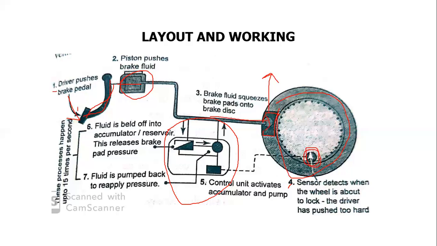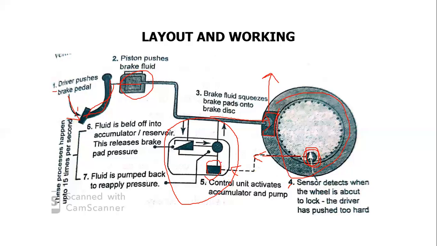From that instant, a signal is sensed by the sensor and sent to the control unit, and this is the control unit. The signal sensed by the sensor is sent to the ECU via this line.